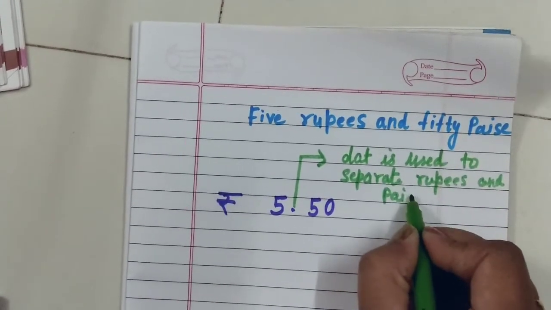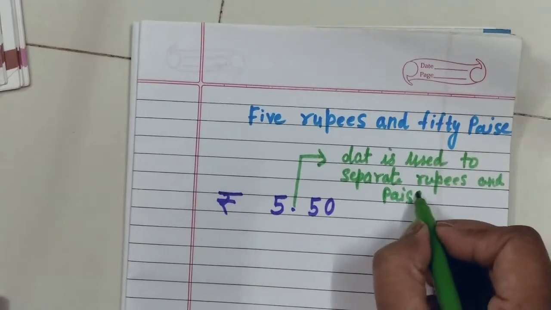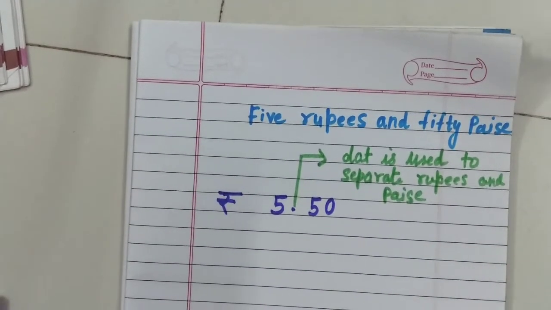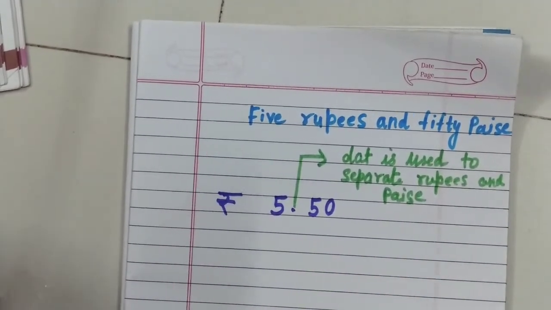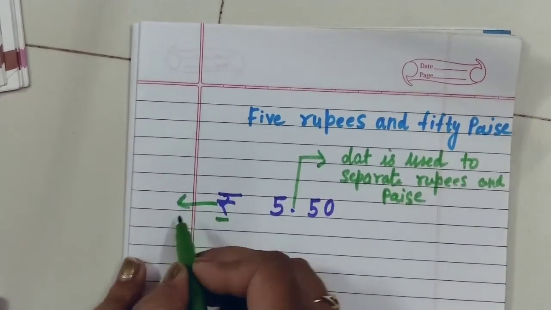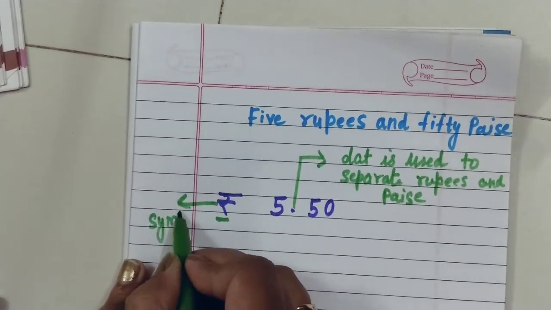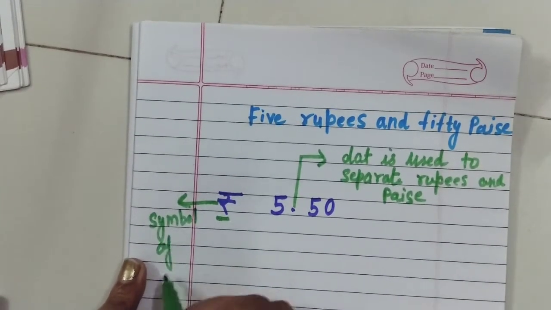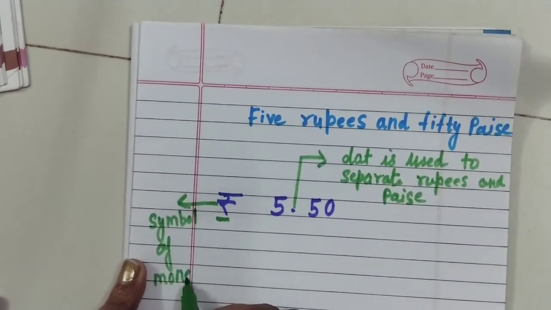Okay, so why do we use the dot? This dot is used to separate rupees and paisa. Now what is the meaning of this? This we call the symbol of money.